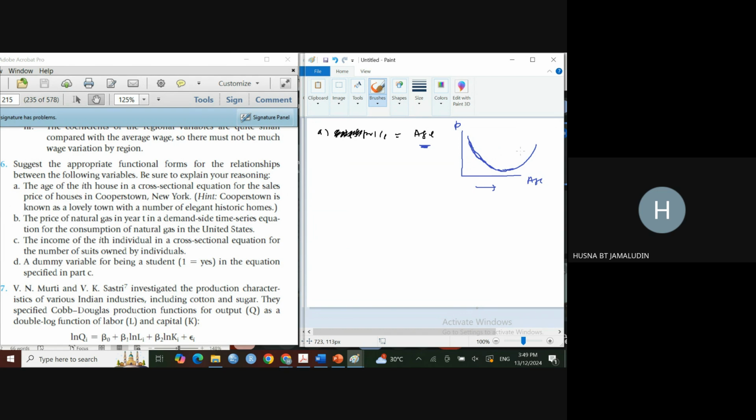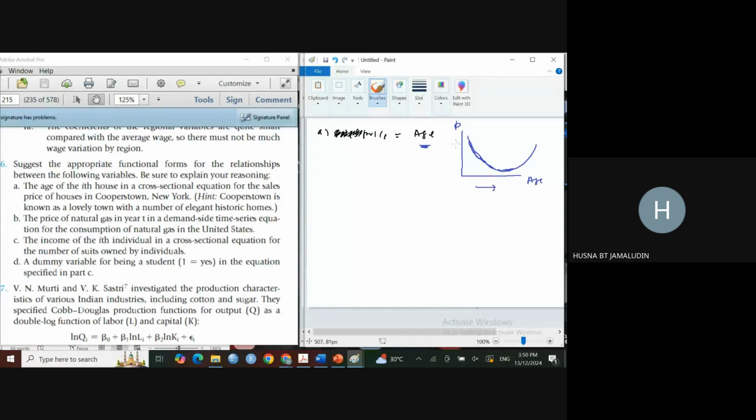Normally, by default, when the age is high, the price will fall. But if they get too old, then the price starts to increase because people start to value their elegant historic value.